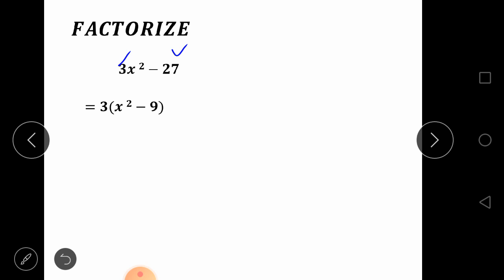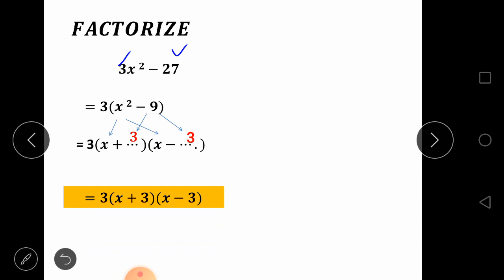So we have 3 times x squared minus 9, and again we have a difference between two squares. So we keep the 3 outside the brackets, and x with x, plus and minus, and the 9 is nothing but 3 and 3. So the final answer is 3 times x plus 3 times x minus 3.